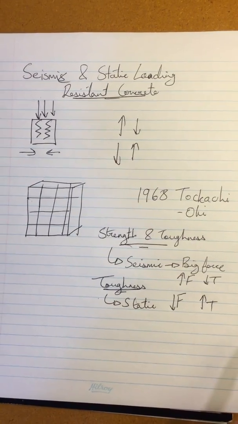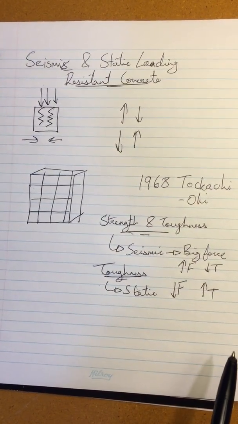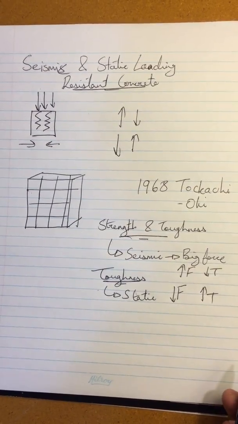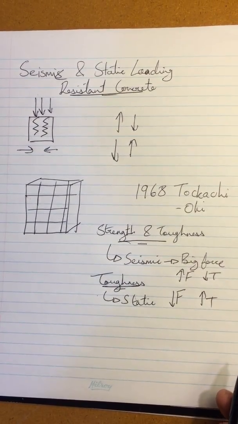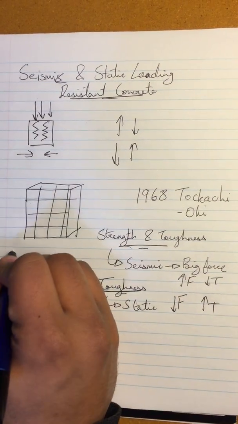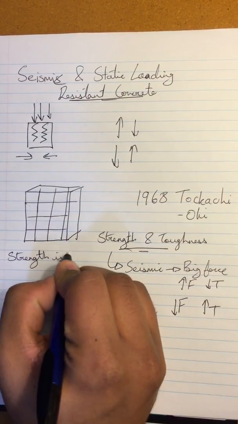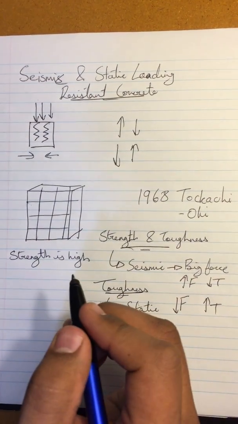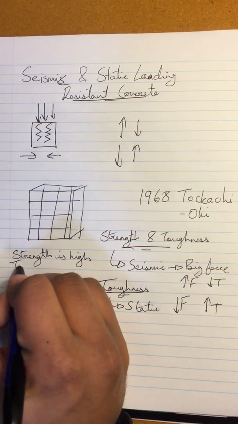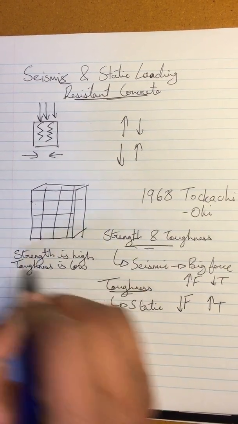By focusing on the strength and toughness deciding factors of concrete, we can easily manipulate or change these properties to our desire and to what duration of time. In other words, we can produce a concrete in which the strength is high, however, the toughness is low.